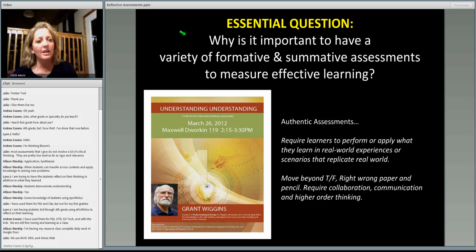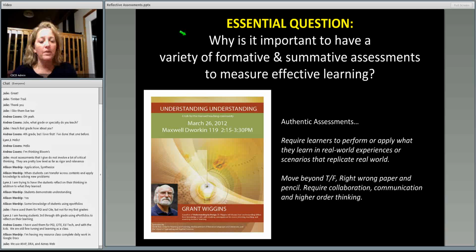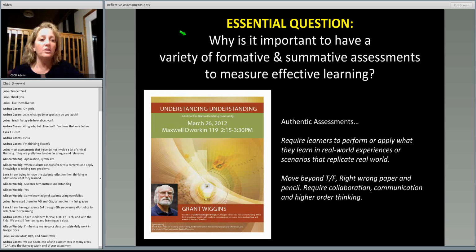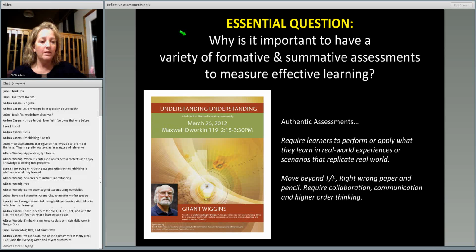Oh, I took this class, and this is what I learned, and this is some evidence of what I applied from my learning, to it becoming evaluative. I think then we've lost all the power in that whole piece of learning from each other.